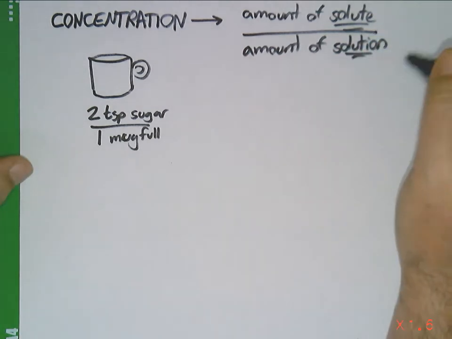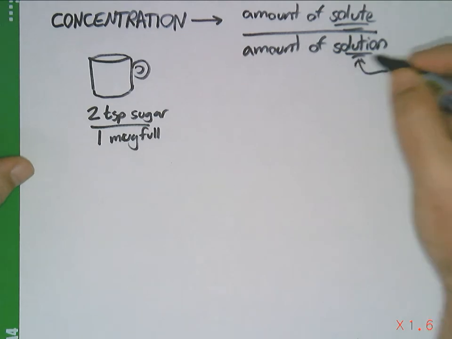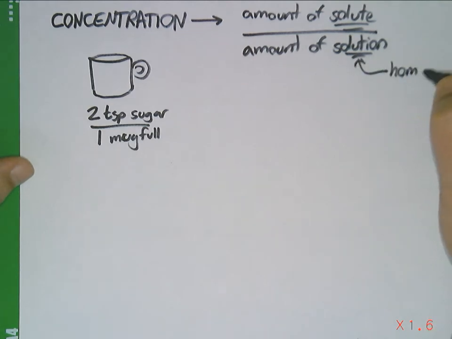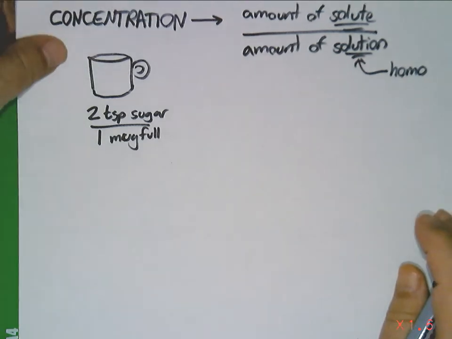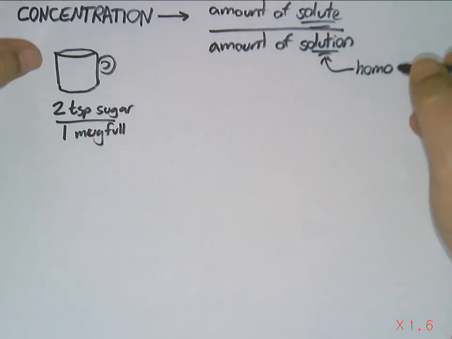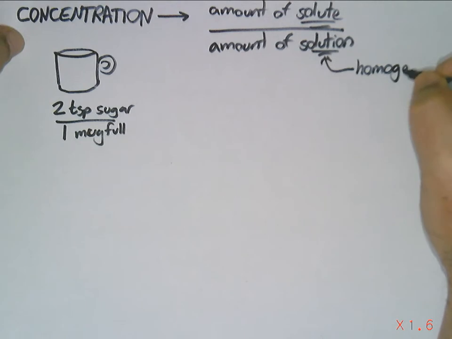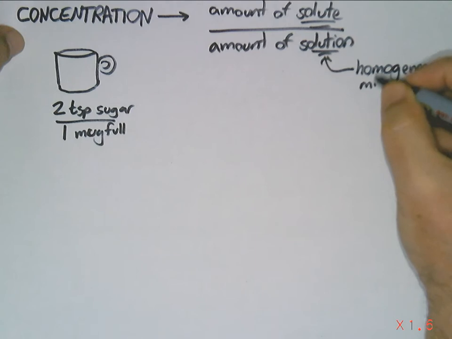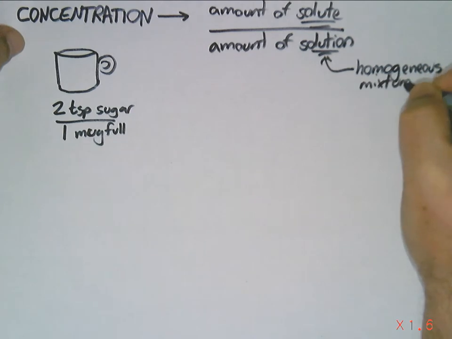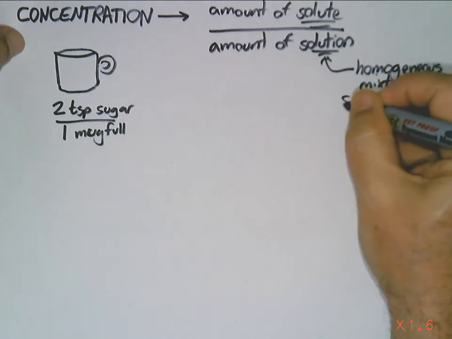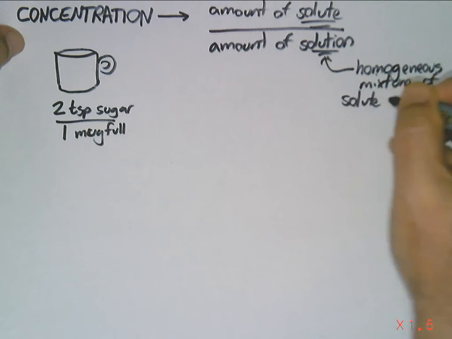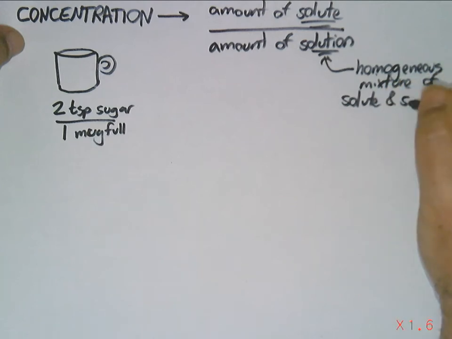What's a solution? Solution is a homogeneous mixture. We talked about those way back in chapter 1. Of the solute, the sugar, and the solvent.